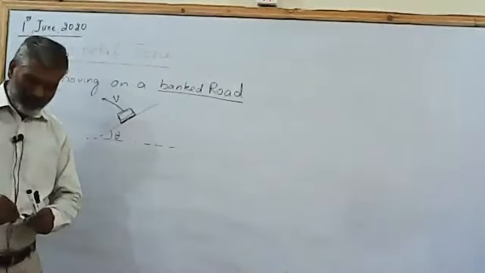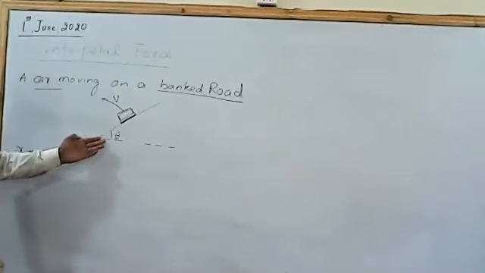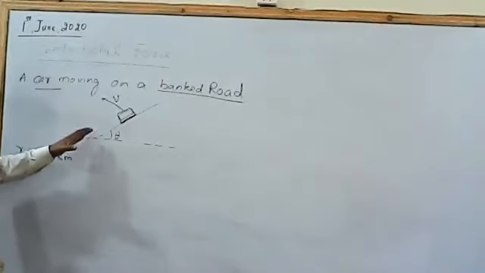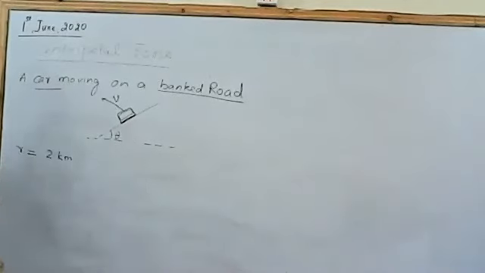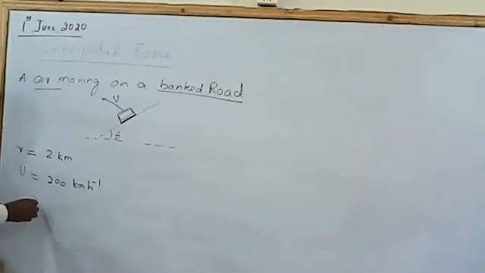Let's say, as an engineer, you are asked to design all this so that the car is able to move at the speed of 200 kilometers per hour. Which is approximately 50 meters per second.